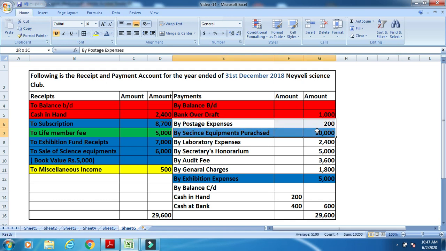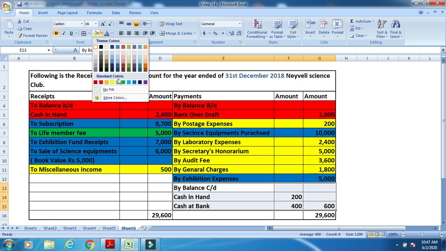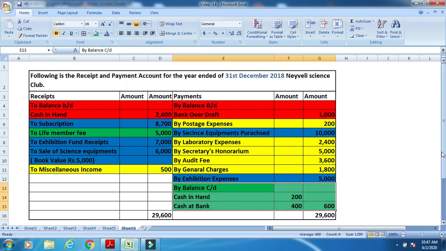The science equipment asset's book value will be deducted in the balance sheet. Miscellaneous income, being normal income, is mentioned on the income side of the income and expenditure account. Postage expenses, laboratory expenses, honorarium to secretary, audit fees, general charges are normal expenses and should be mentioned in the income and expenditure account. The closing balances, cash in hand and cash at bank, should be mentioned in the closing balance sheet. That's why they are highlighted in green.